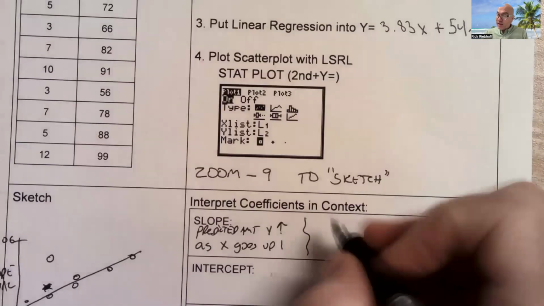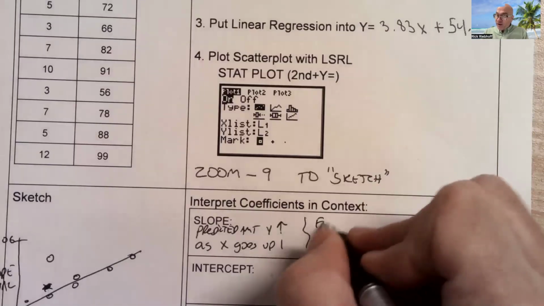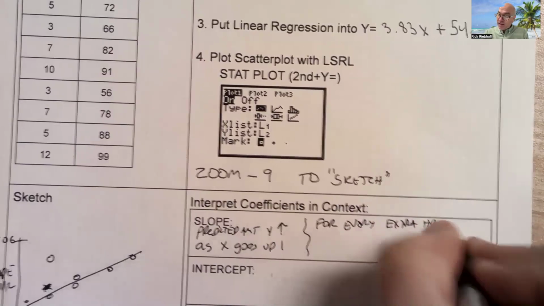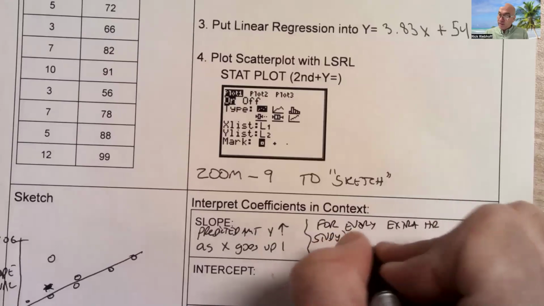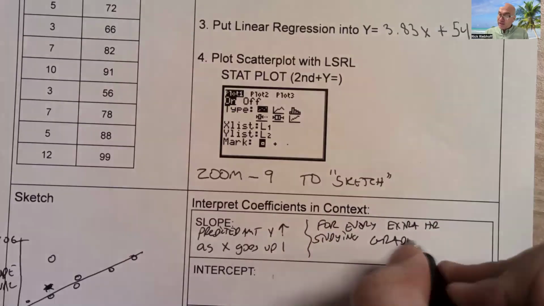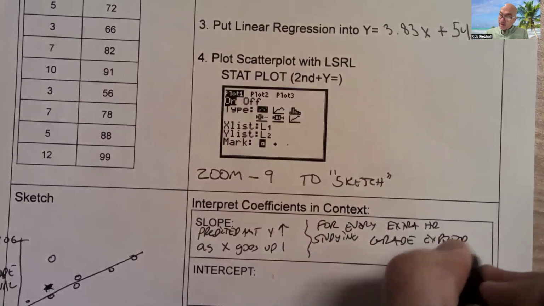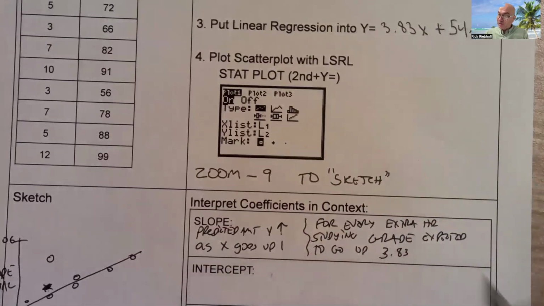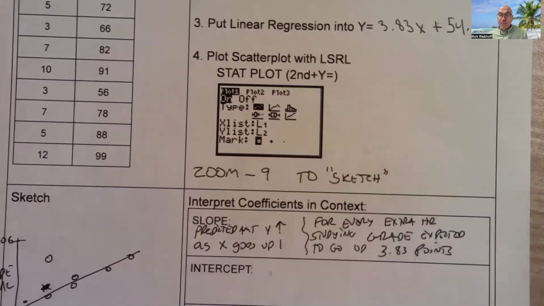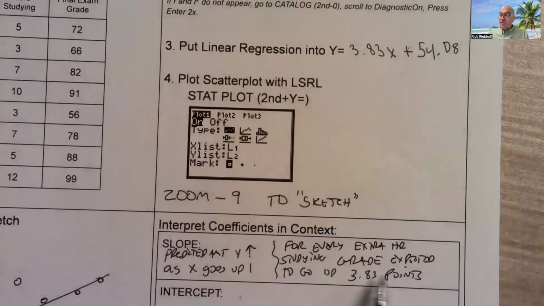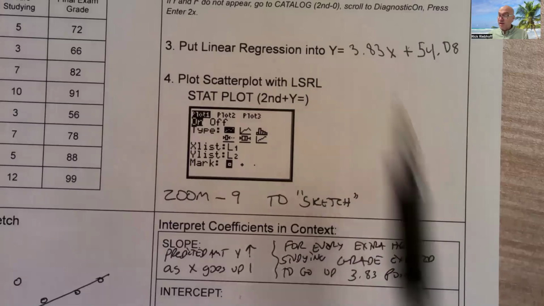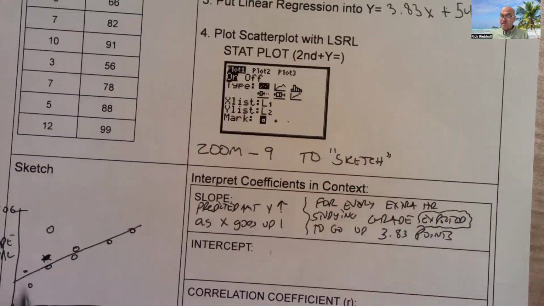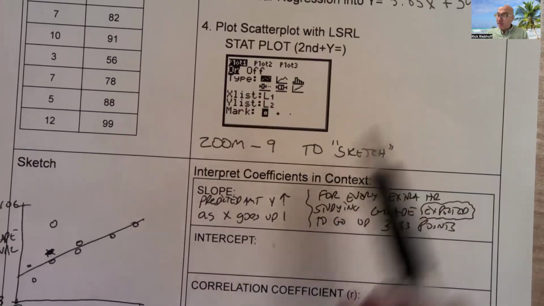So for this one, we would say for every extra hour studying, grade is expected to go up 3.83%. I'll just say points. So in general, if you study for an extra hour, you would predict or expect this. Again, expect or predict is important. It doesn't automatically work, but in general, that seems to be the trend.